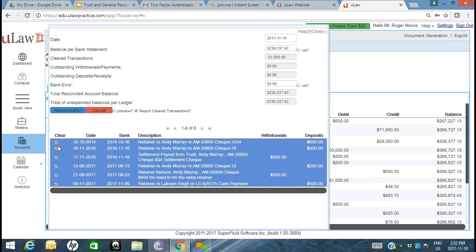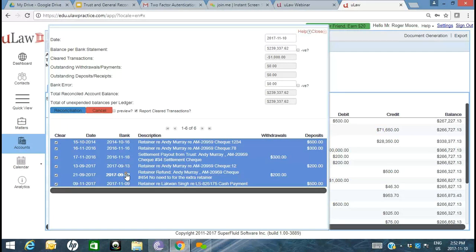Then if you look at another deposit for the same client, Andy Murray, for the same matter, let's say this is the 13th as well. There's a refund of the retainer of the same $200. Let's say it refunded back on the 22nd.